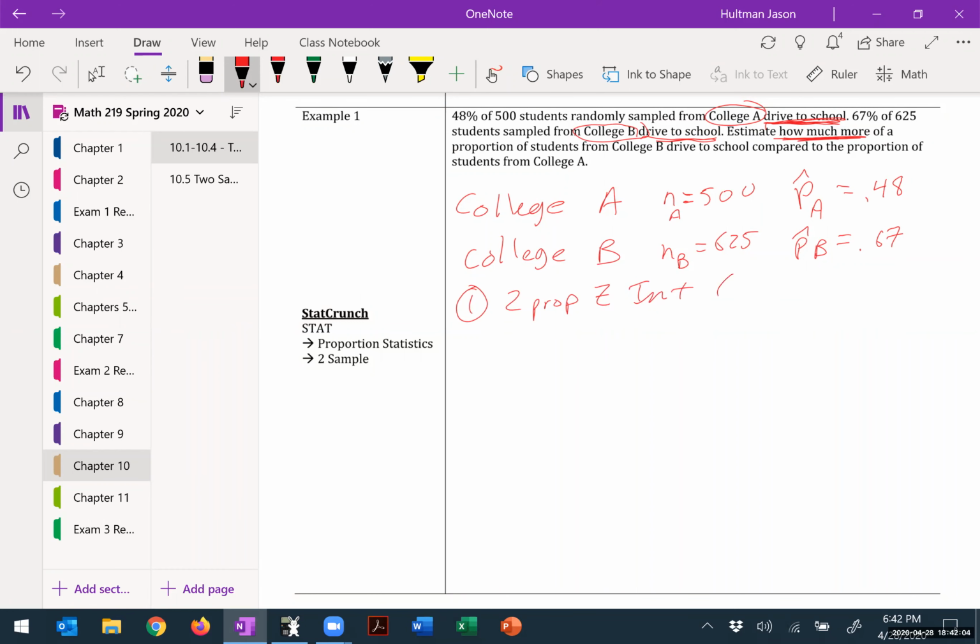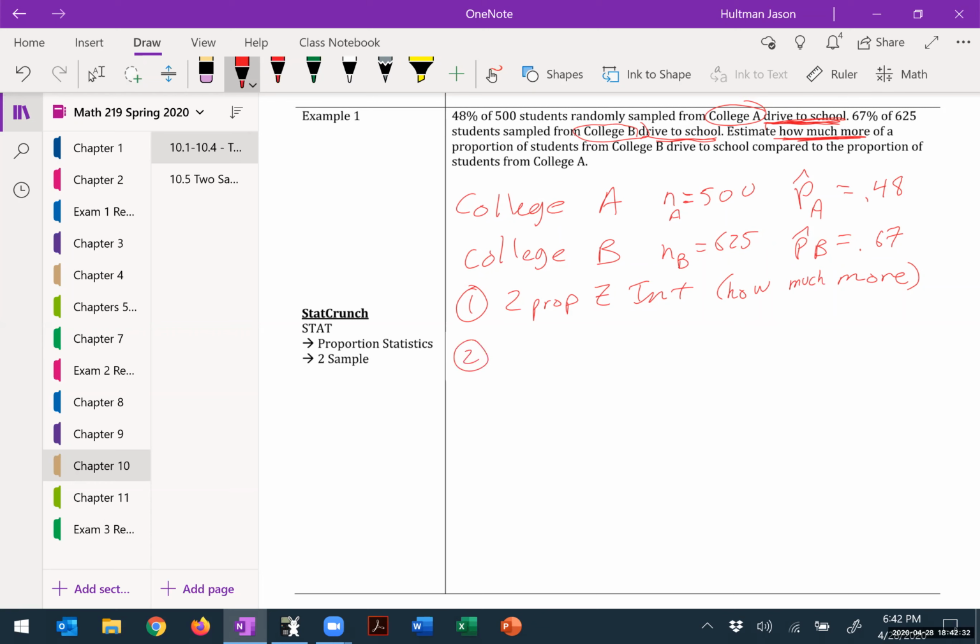Why? Because it's asking me how much more. It wants something concrete, a concrete number to give me an idea of how much more is B compared to A.